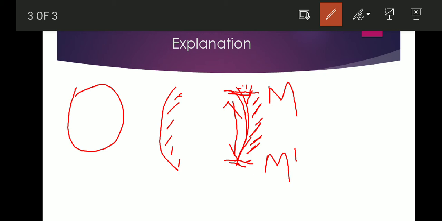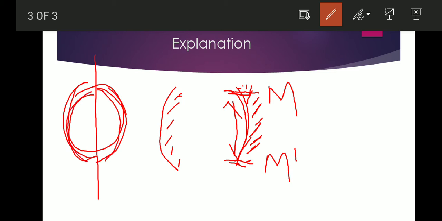If you cut this spherical mirror and divide it into two, this part is called convex mirror, since the reflecting surface is curved outward, and this part is called concave mirror. This is convex and this is concave.